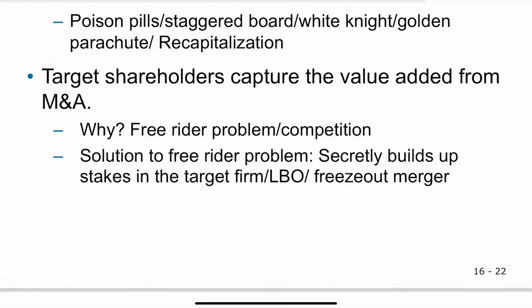Thus, they will demand a higher value from the acquiring firms to sell target firm shares. So in the end, the acquiring firm is forced to pay a high premium for target firm shares. It's called the free rider problem because target firm shareholders free ride on the acquiring firm's efforts to improve the target firm.